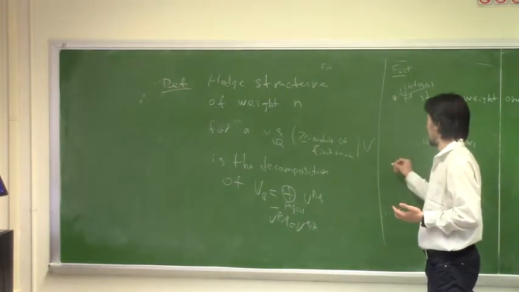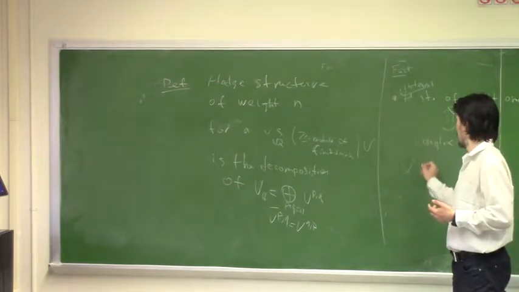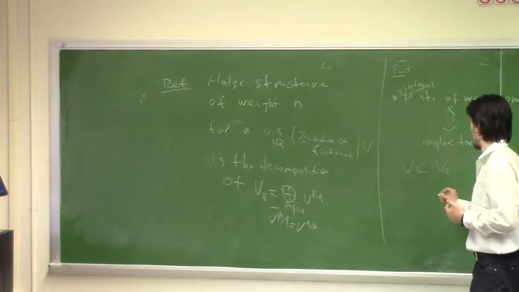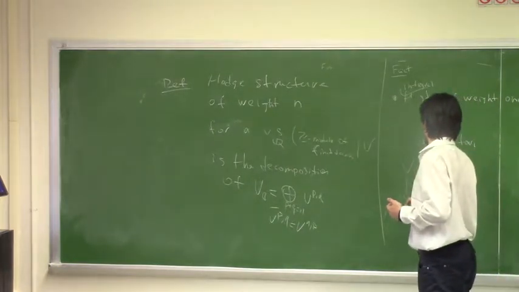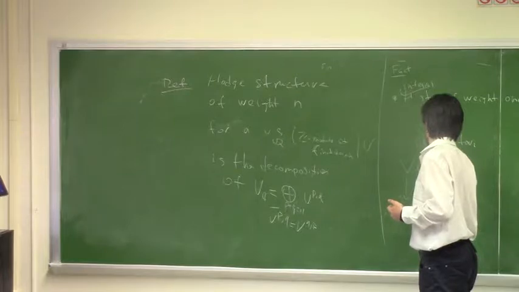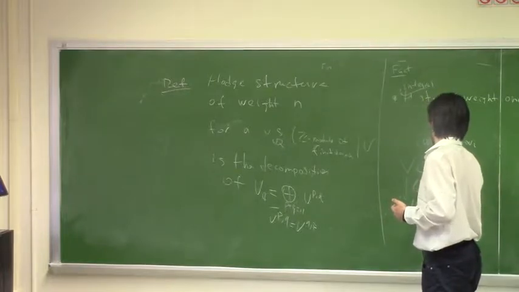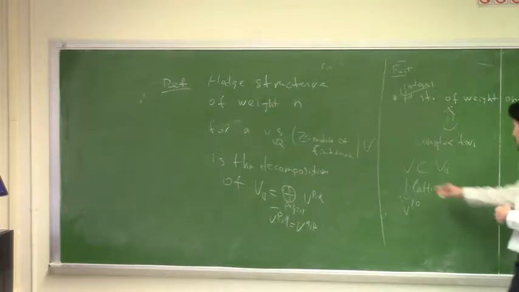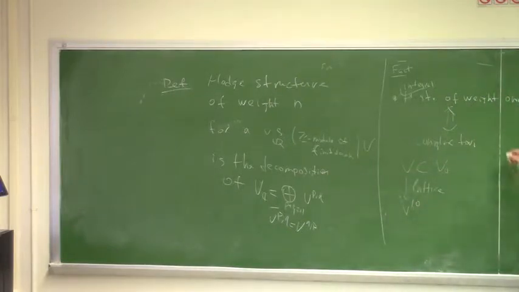The simple way to observe it: we have V, with the decomposition, and a basis in V^{1,0}. The quotient is the torus.